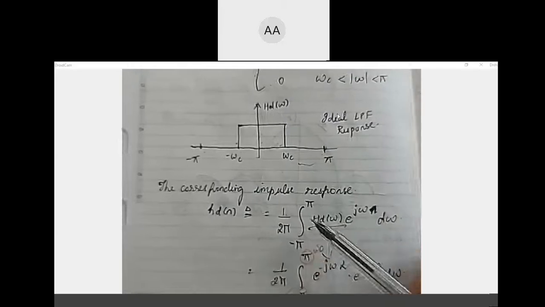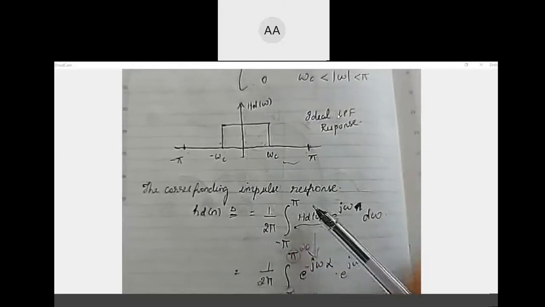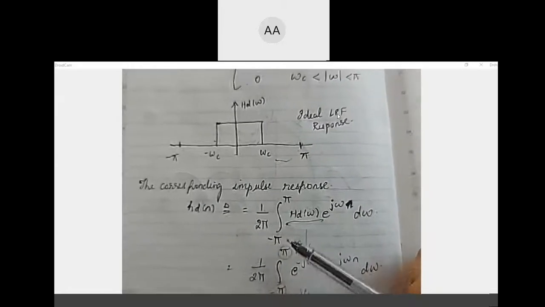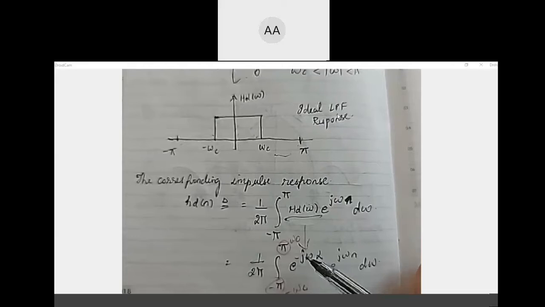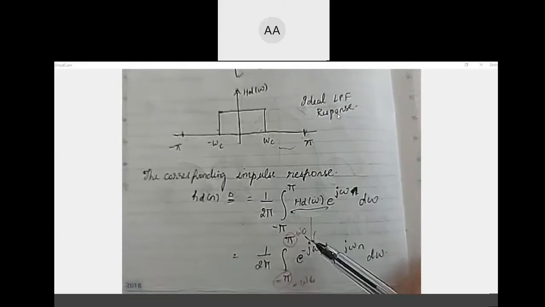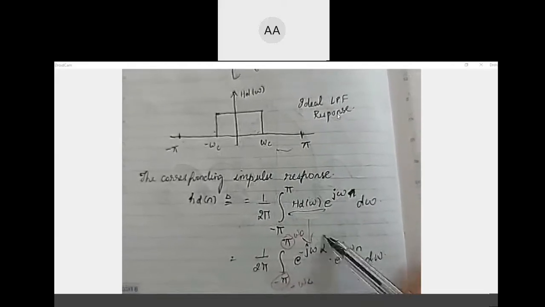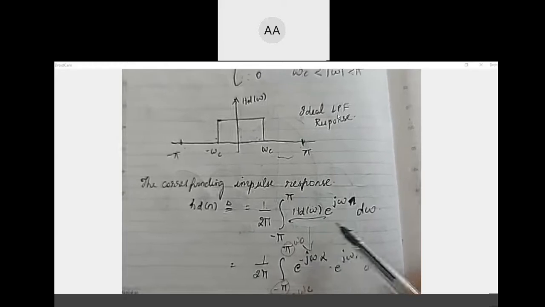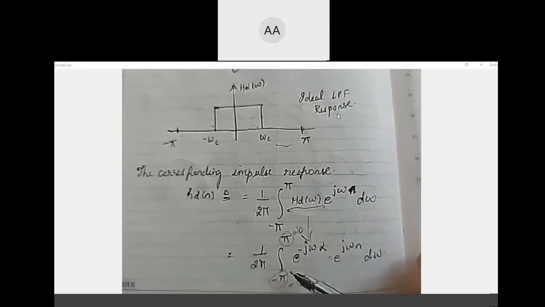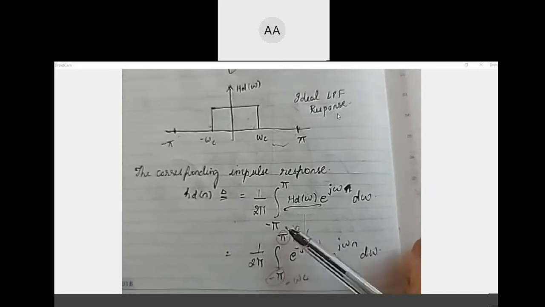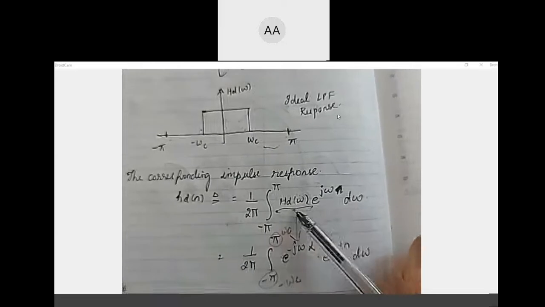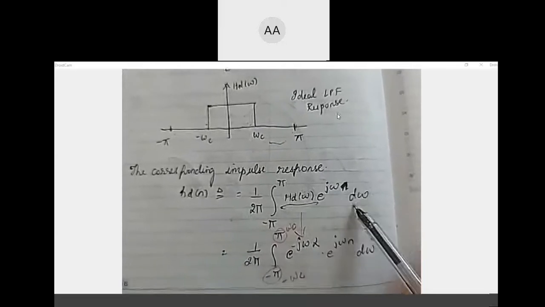Since this is in the frequency domain and we want to express it in the time domain, we write hd of n is equal to, we take the inverse discrete time Fourier transform. So only the time is discrete, frequency is continuous. So minus pi to pi we integrate, instead of minus infinity to infinity, hd of omega e power j omega n d omega.